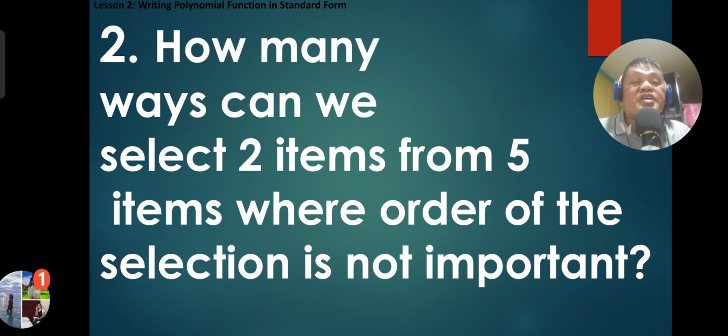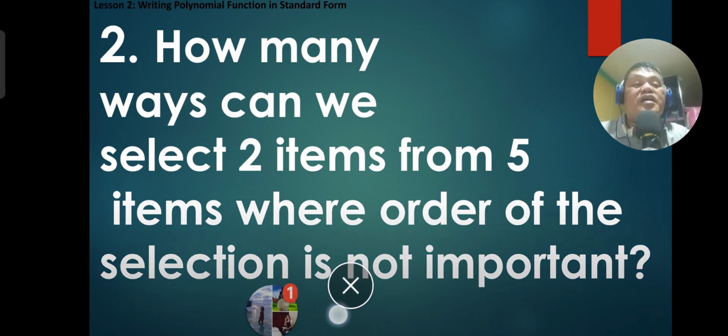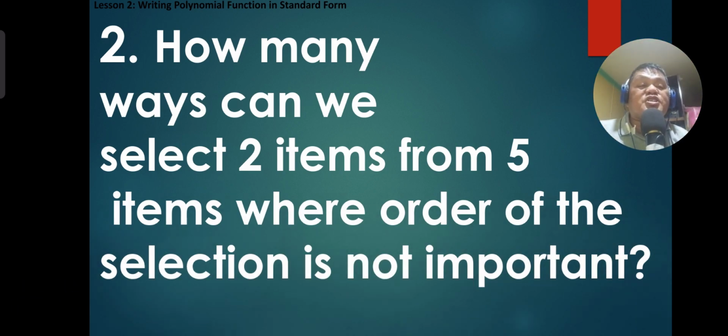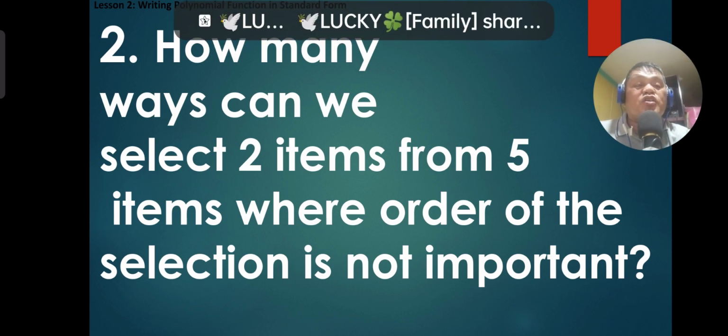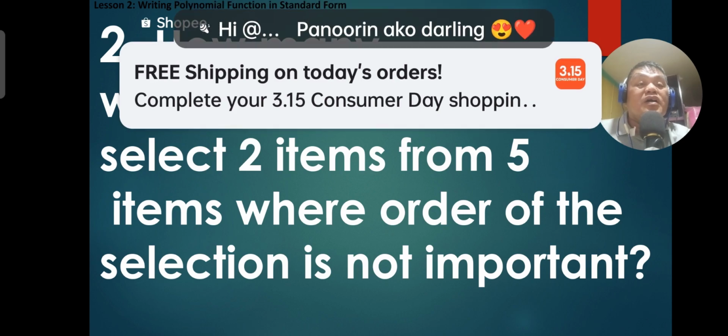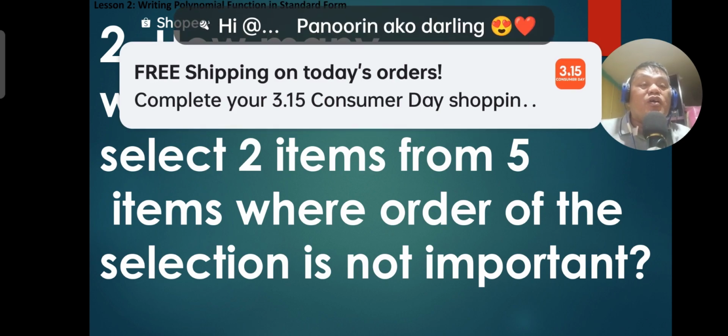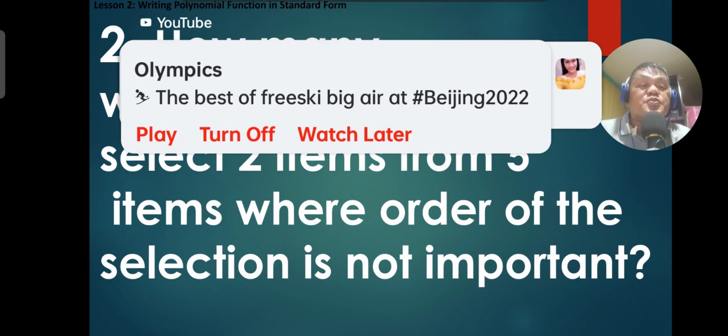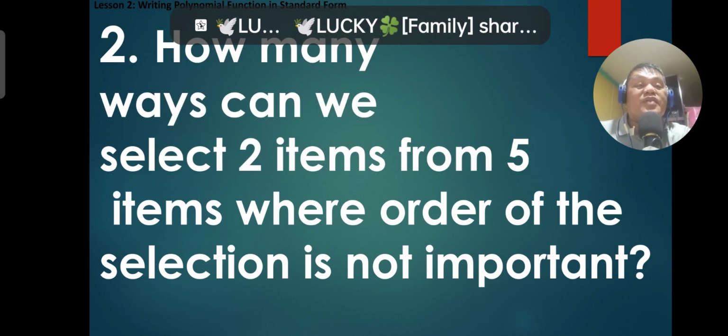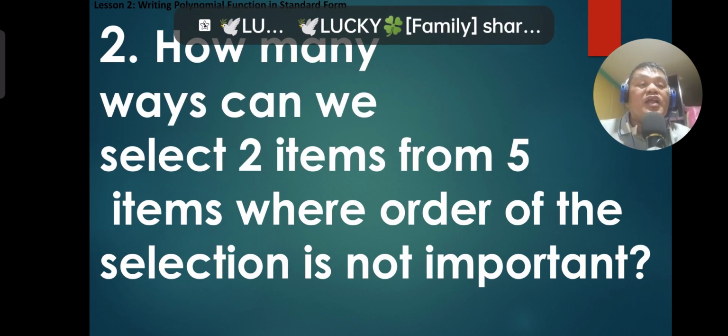How many ways can we select 2 items from 5 items where order of selection is not important? So we are going to find the number of combinations, because in the given problem the order of selection is not important.